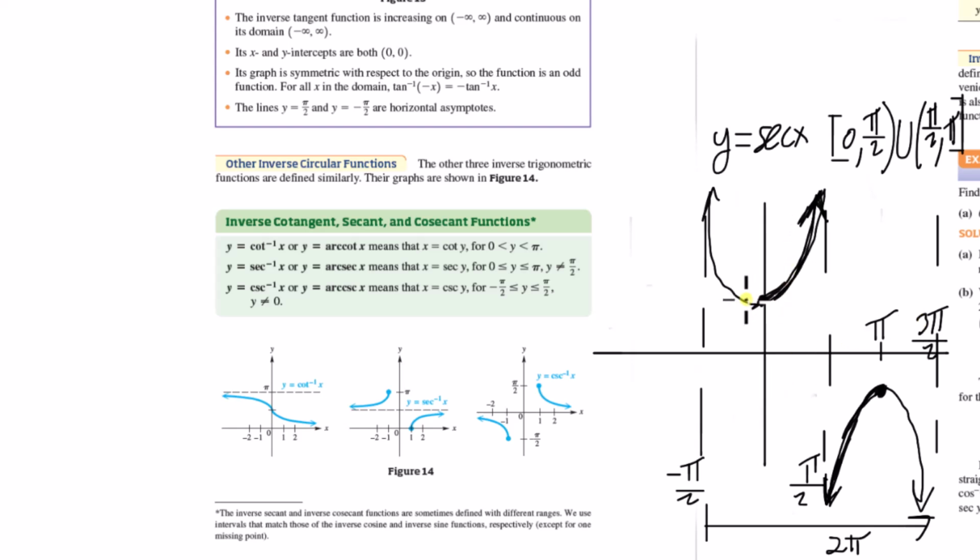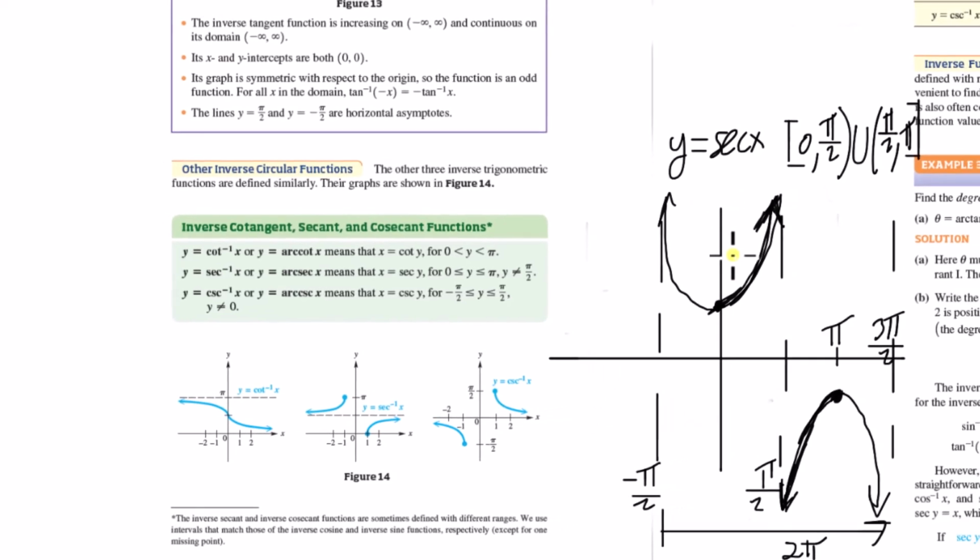That encompasses the full range. You get every single value in the range of secant, from 1 to infinity and minus 1 to negative infinity, and you get all those output values just one time.